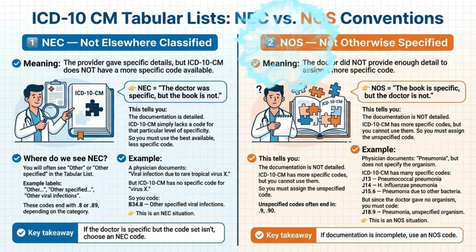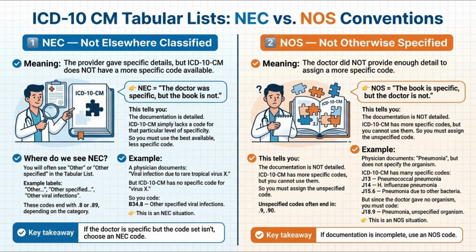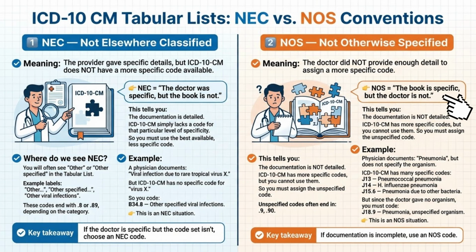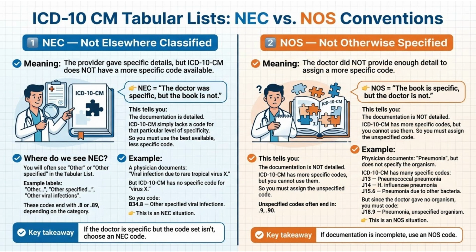NOS, not otherwise specified. The doctor did not provide enough detail even though ICD-10 has specific codes. So NOS means the book is specific, but the doctor is not. Example, diagnosis says pneumonia with no organism, J18.9. So remember, NEC when ICD has no specific code, NOS when documentation is incomplete.